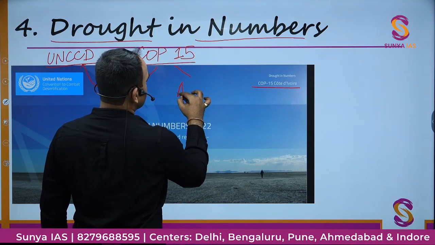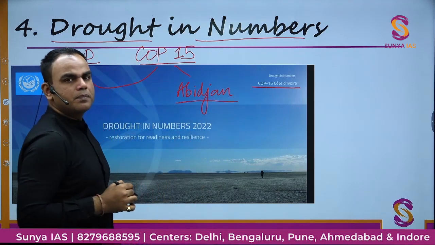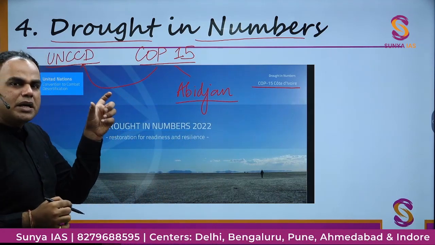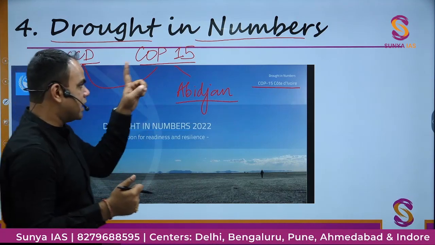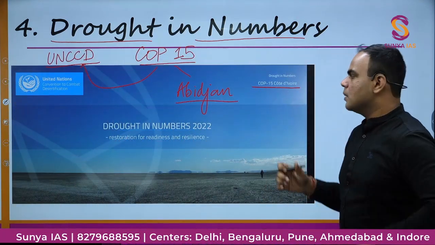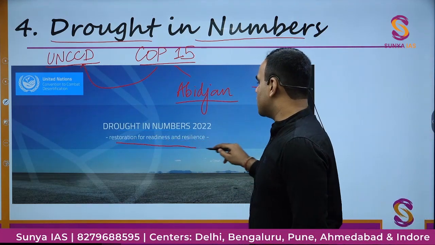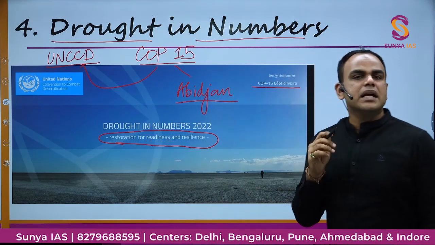So you will see terms like Abidjan Declaration related to desertification and its management. Drought in Numbers is related to this. Restoration for readiness and resilience.